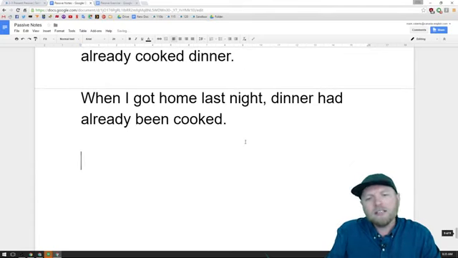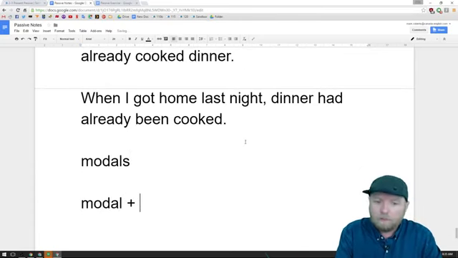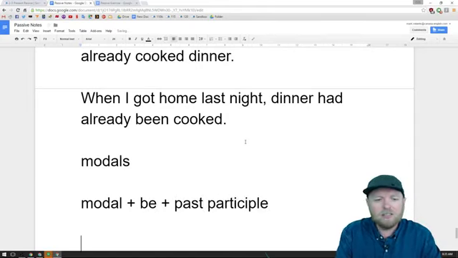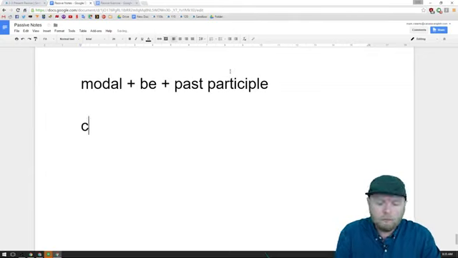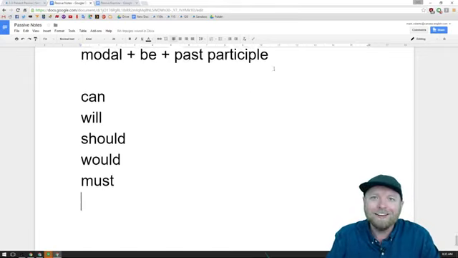And last thing, let's talk about modals, right? Well, modals, you just say a modal plus be plus a past participle. Many students don't know what is a modal. Well, a modal is like can or will or should or would or must, right?